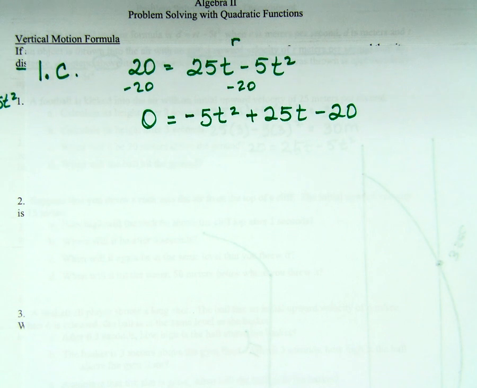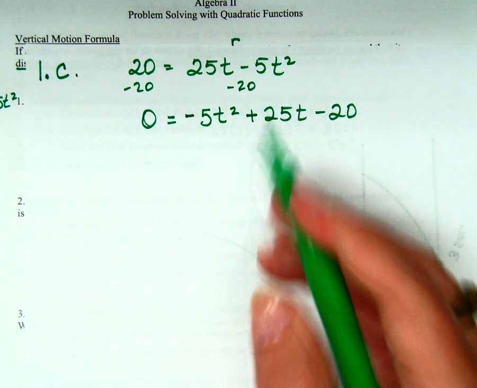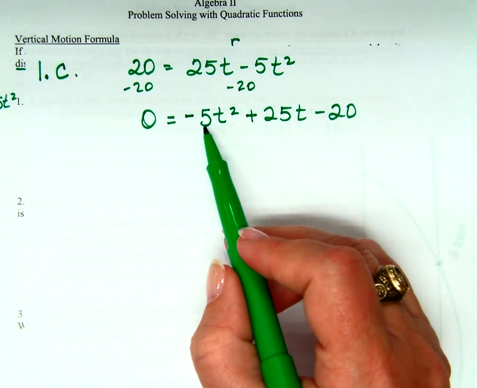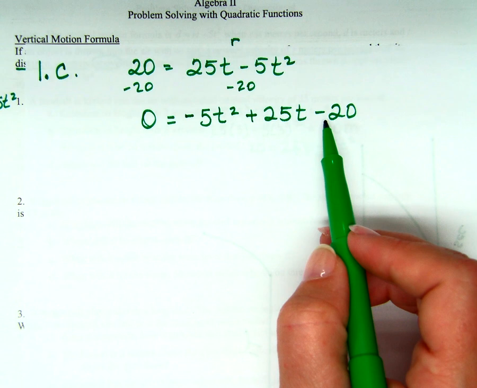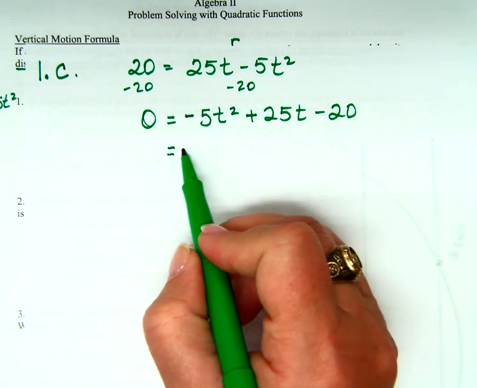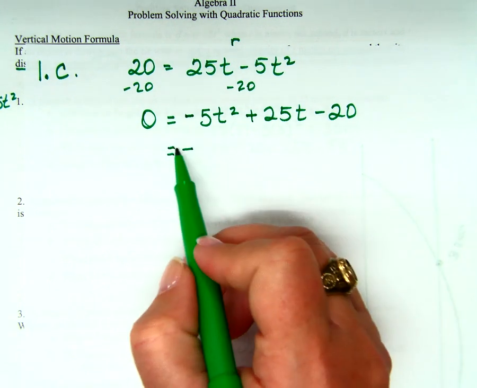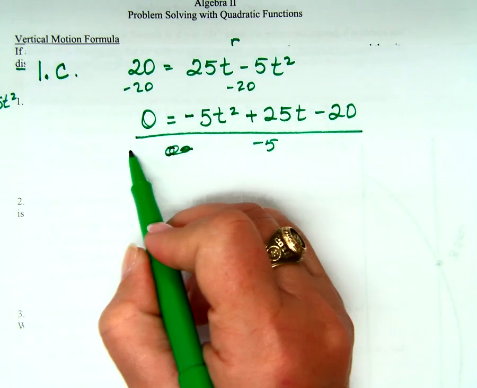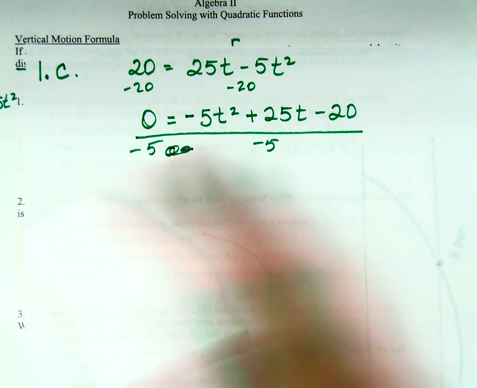Can I show you something that might be shorter and quicker? Okay. What if I looked at all three of these numbers and noticed that they all are divisible by 5? What if I actually factor out a negative 5? That's not what I want to do. I want to divide every term by a negative 5 on both sides.